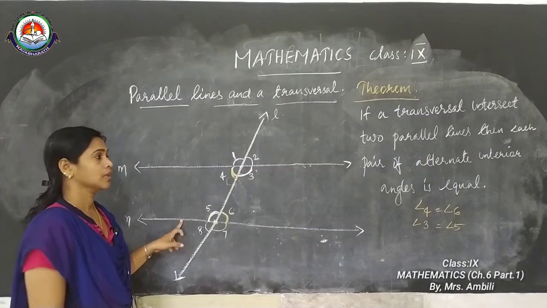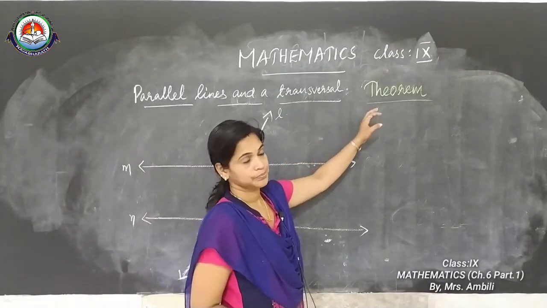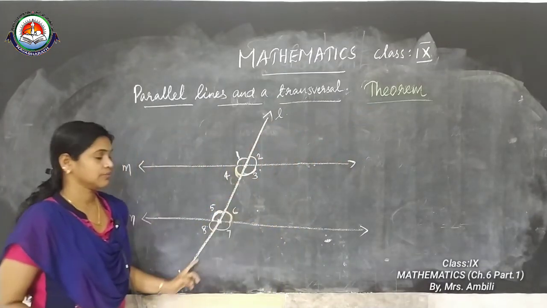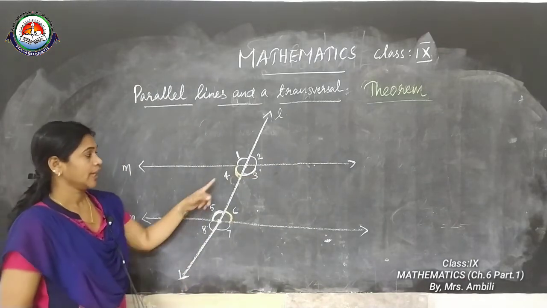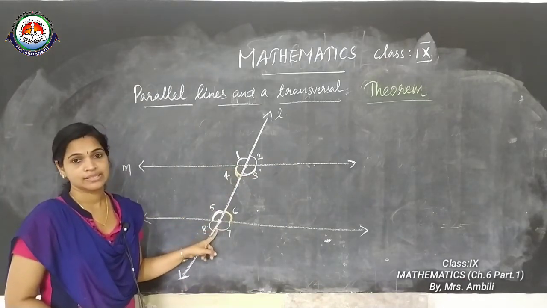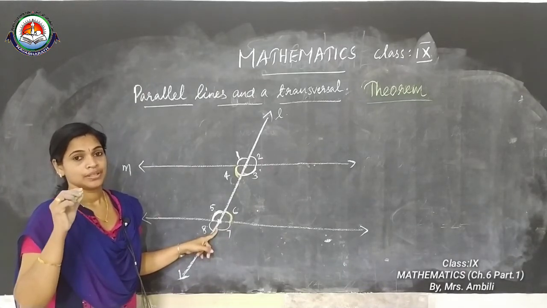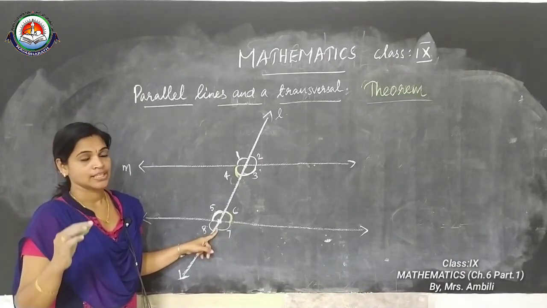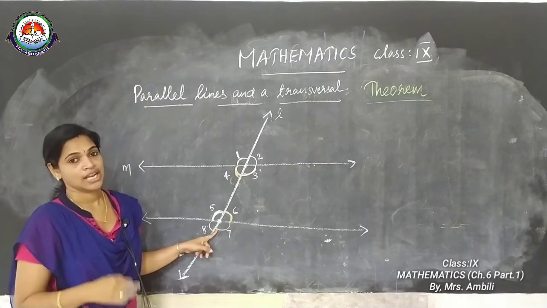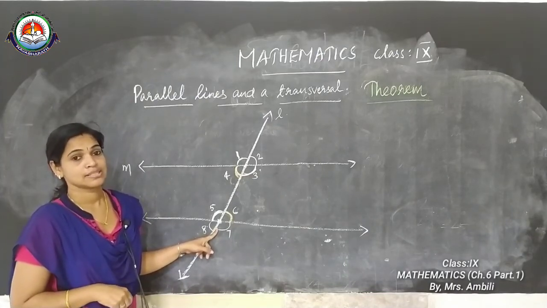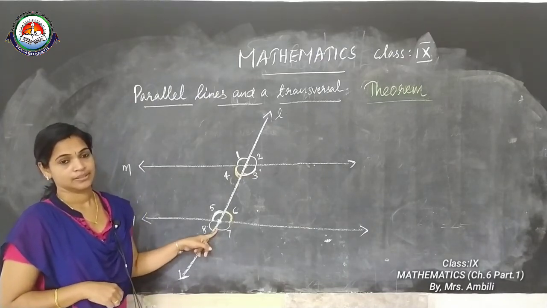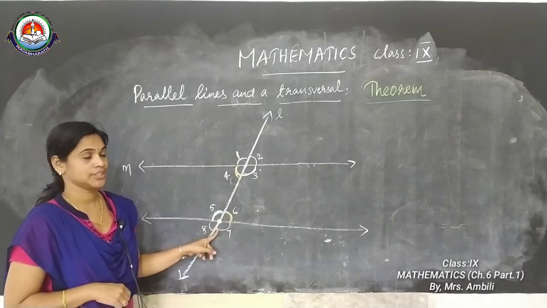Clear? Okay. Then one more theorem is there. That is, if a transversal intersects any two parallel lines, then each pair of interior angles on the same side of the transversal is supplementary. It is supplementary, 180 degree.